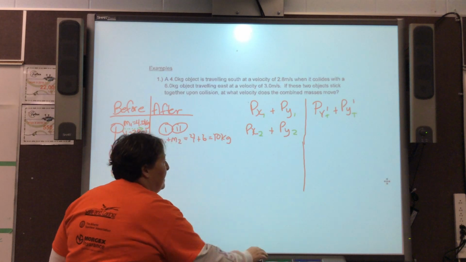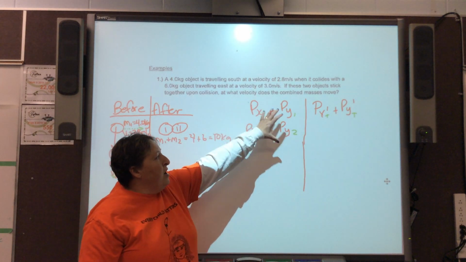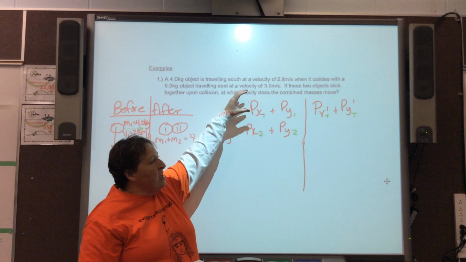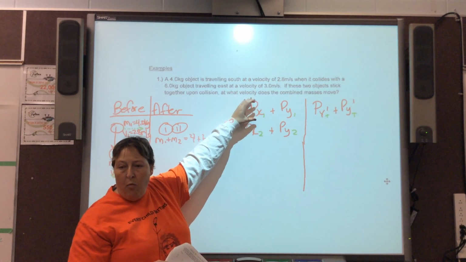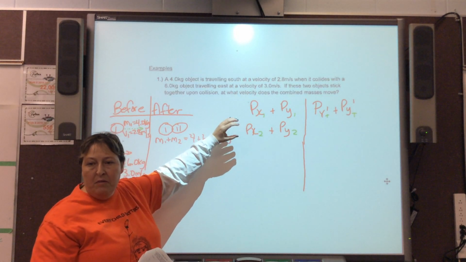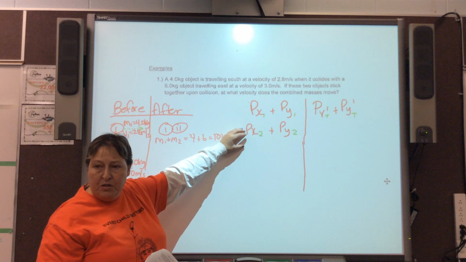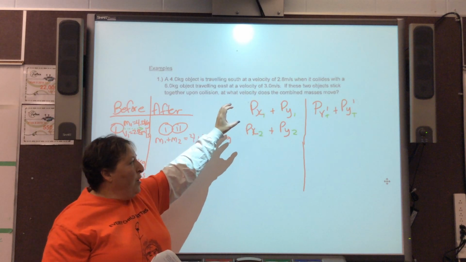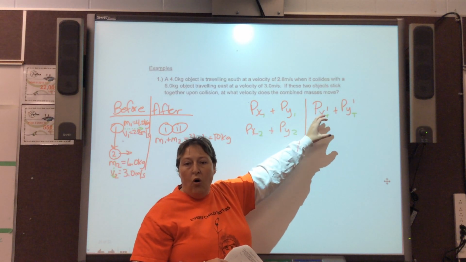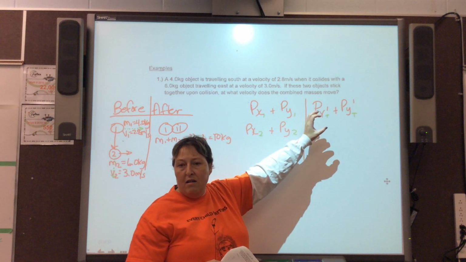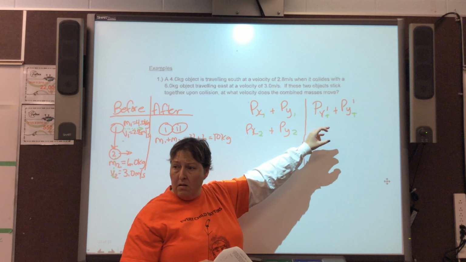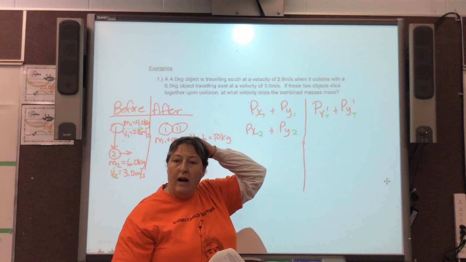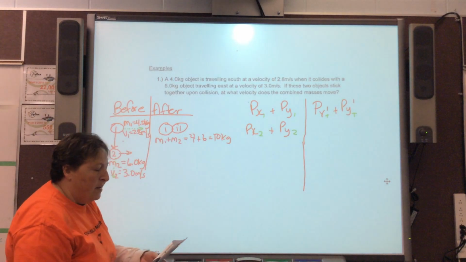We now have this added part in here because we have the momentum in an xy direction for cart 1, and we have a momentum in the x and y direction for cart 2. So these 4 components together are going to be equal to the total x and y after. I know it's lots, okay?